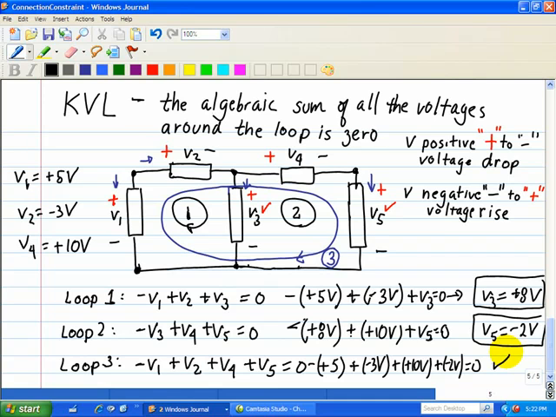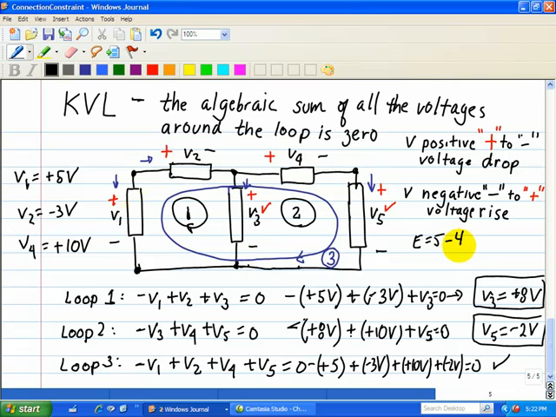One thing we should note is that when we have n nodes and E two-terminal elements, then there are only E minus n plus 1 independent KVL equations. In this case, our number of elements is 1, 2, 3, 4, 5, so E, our number of elements, is 5. The number of nodes is 1, 2, 3, and 4.